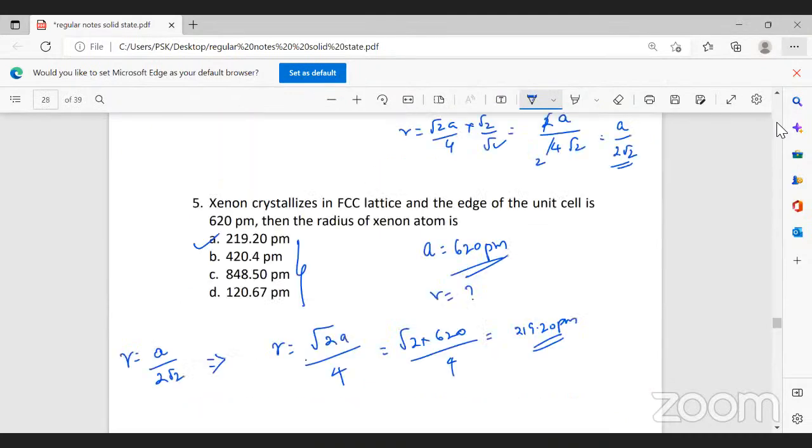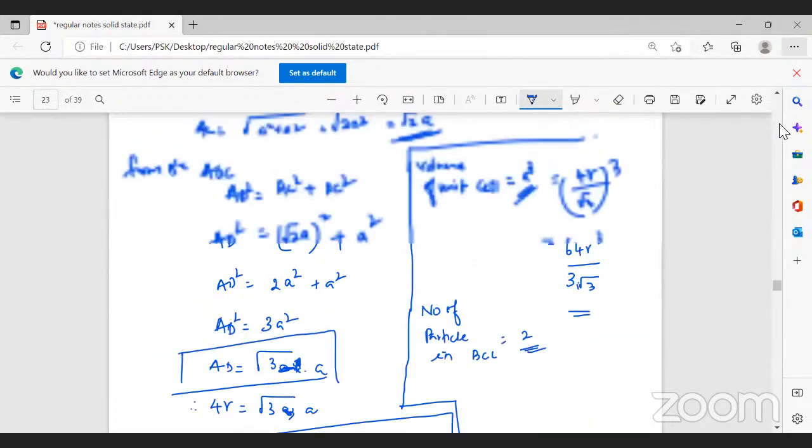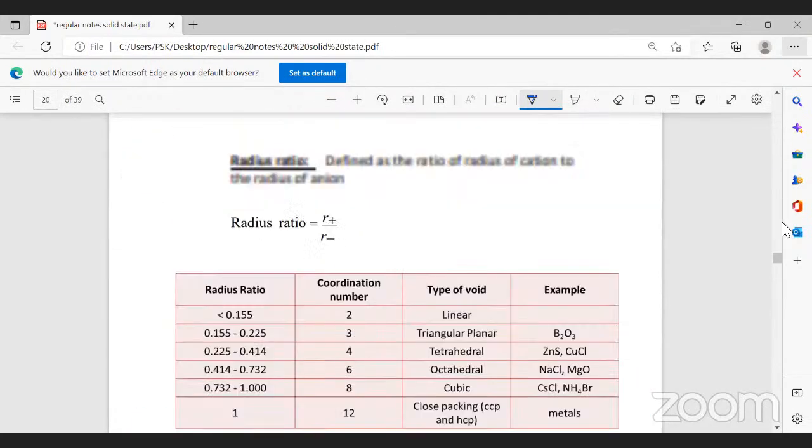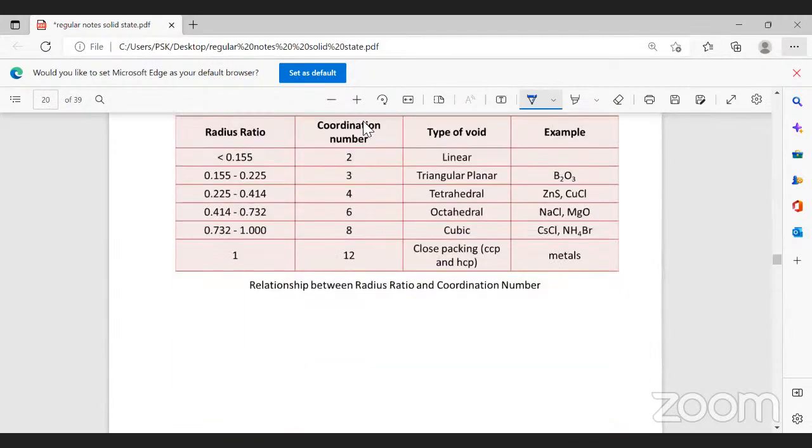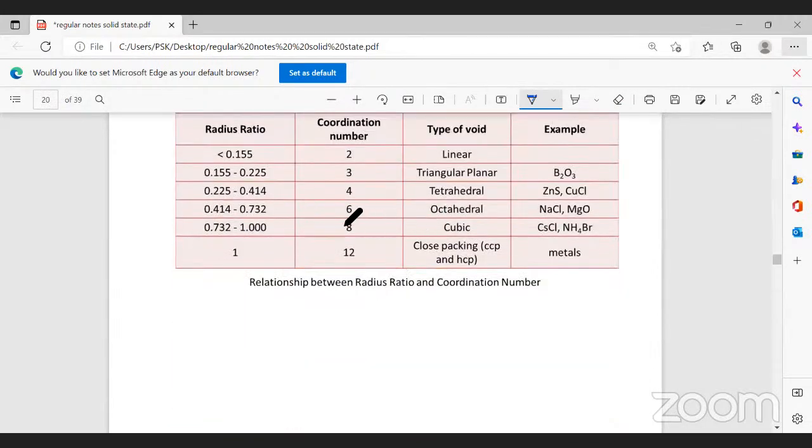If you remember, we have learned radius ratio. I will show you this tabular column. This is important. For octahedral, the coordination number is 6, and the range is 0.414 to 0.732. You should remember this radius ratio, coordination number, and a few examples so that you can work out the problems.